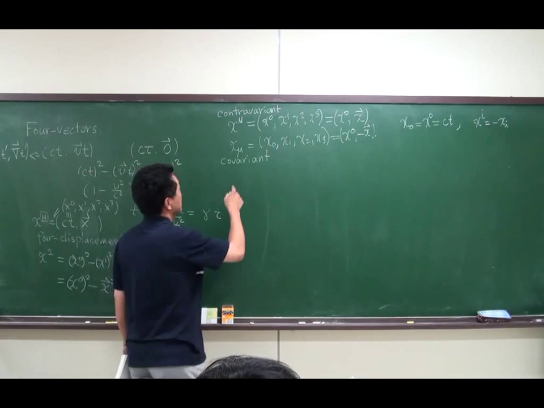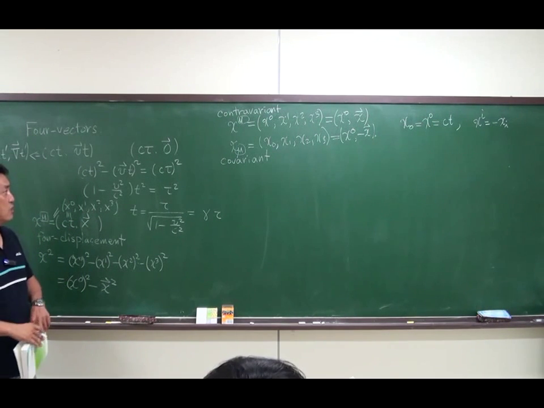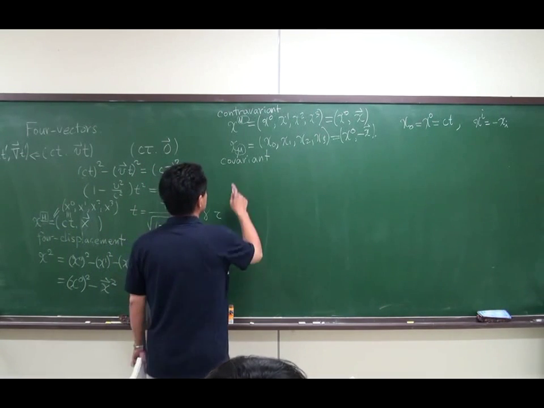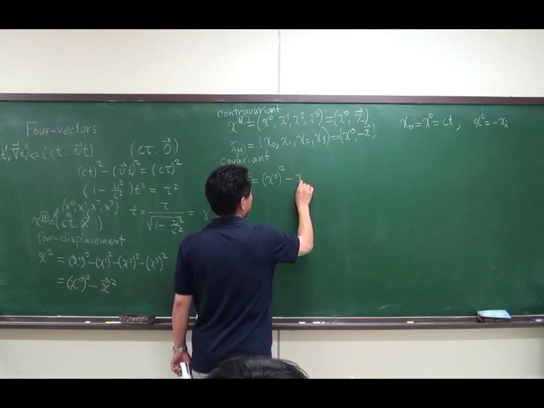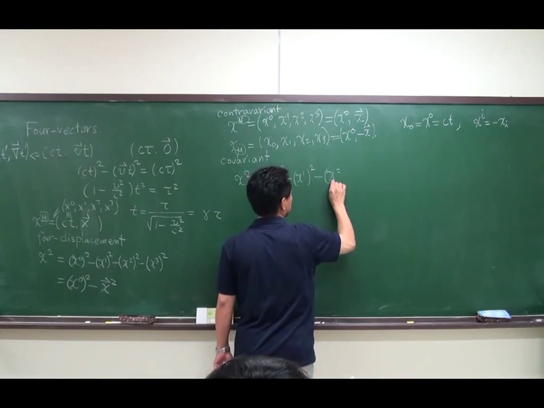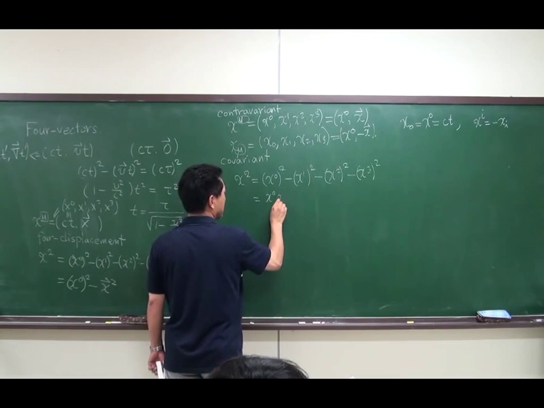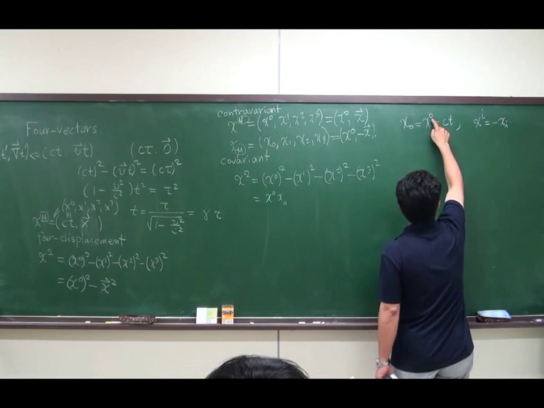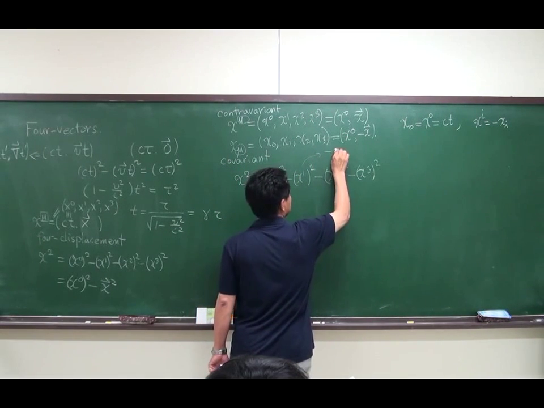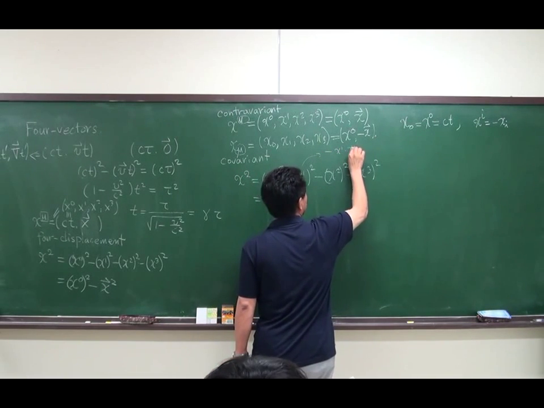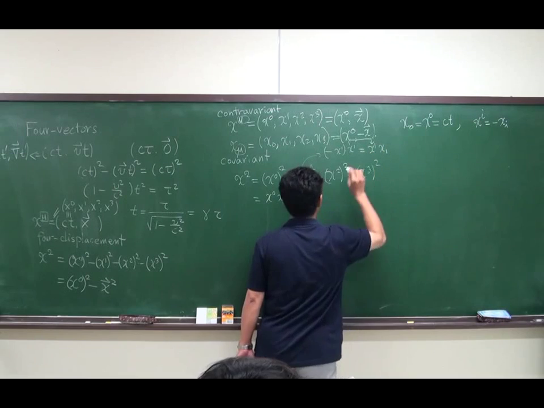The reason why we use this strange notation of putting one index as an upper index and one index as a lower index is to simplify the squaring of 2 vectors. x squared was x0 squared subtracted by x1 squared, x2 squared, x3 squared, and this can be written as x0 x0, because upper index and lower index are the same for the 0th component, and this one can be written as minus x1 times x1, equals, put one as an upper index, and this is x1 in lower index.